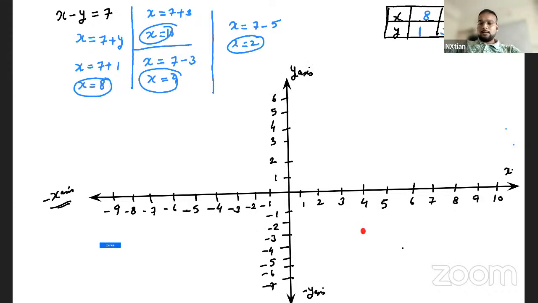I'll repeat it again. This one is Joshua. Joshua, mark this one. H, comma 1. Anna, Ezekiel, Hannah.